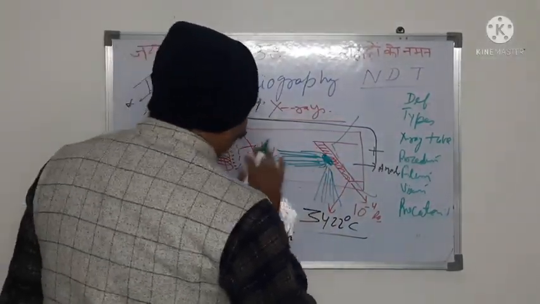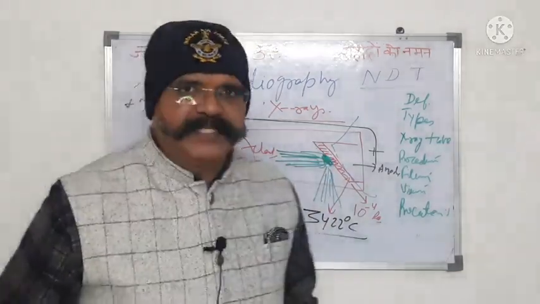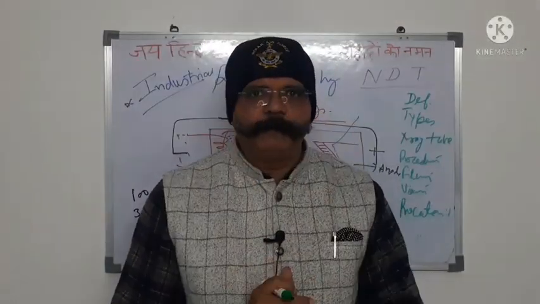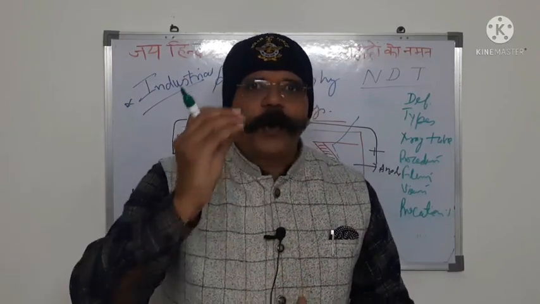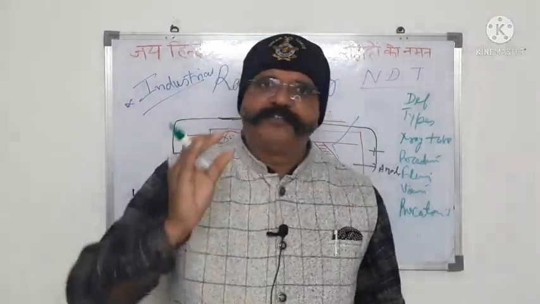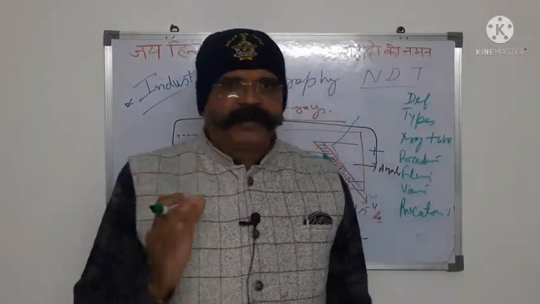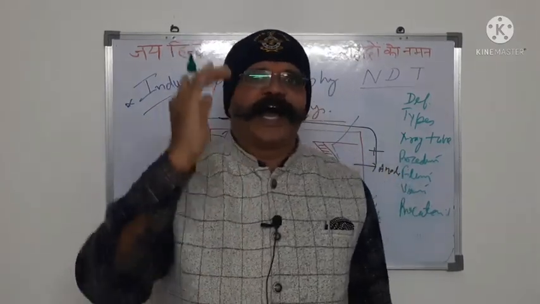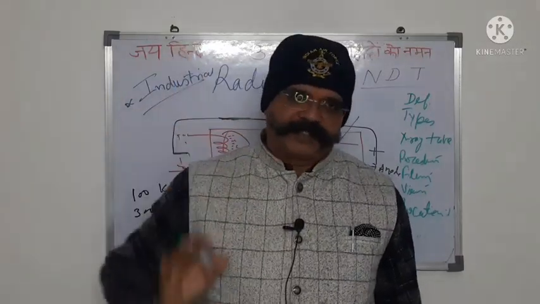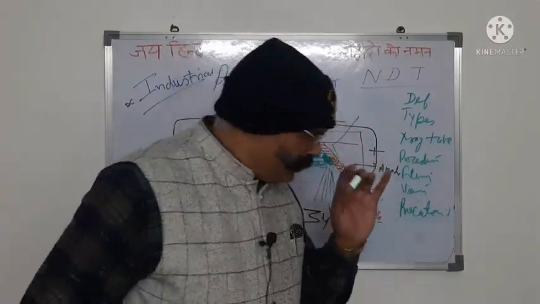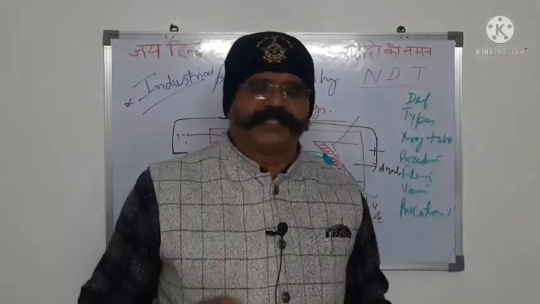When these high energy electrons are striking the target, what happens? They transfer their energy to the lower shell electrons of that atom. As you know, in general nature, when the outer orbit electrons receive certain energy, they leave the surface. But these electrons have very high energy.